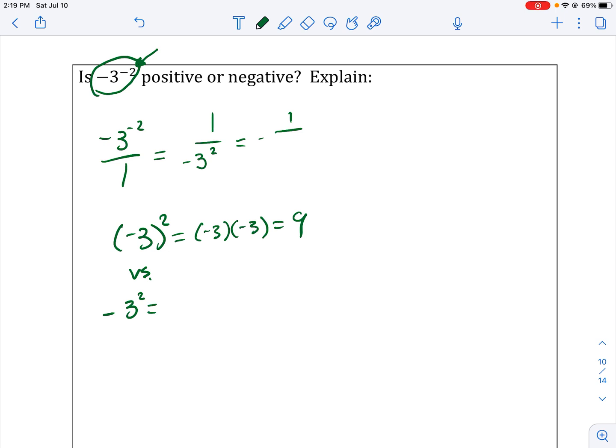What we have down here means negative 1 times 3 squared, which is negative 1 times 3 times 3, negative 1 times 9, which equals negative 9. That's what this means. So this really means negative 1/9. So this number is actually going to be negative, and this work helps explain why this is negative.